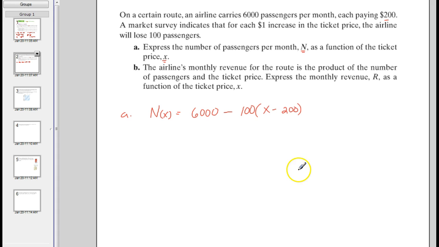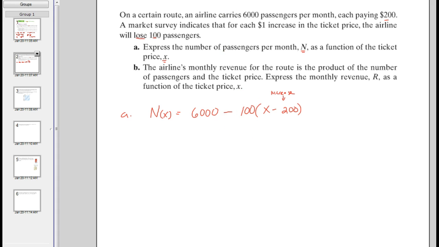So 100 times 10 is 1,000. So 6,000 minus 1,000 is 5,000. Okay, so X minus 200 is the increase in the price. That's the number of passengers they lose for each dollar increase, and then we subtract it because they're losing 100 passengers, so that's why we have the minus 100 here.